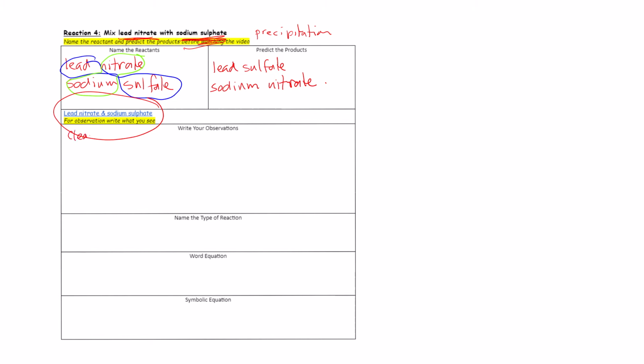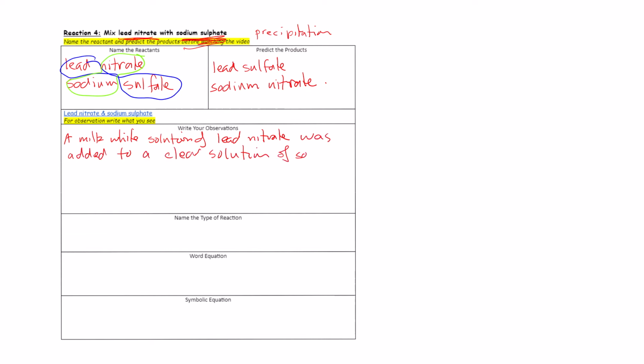A clear solution of sodium sulfate. Actually, that's probably back to front, isn't it? Let's write it the other way. A milky white solution of lead nitrate was added to a clear solution of sodium sulfate.